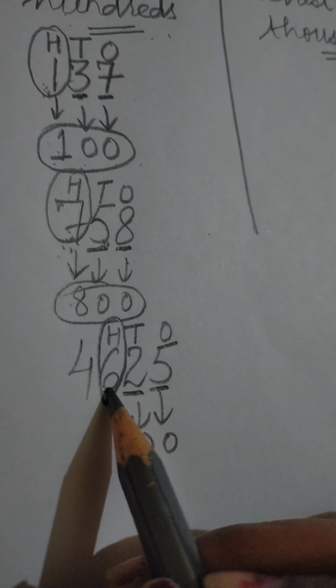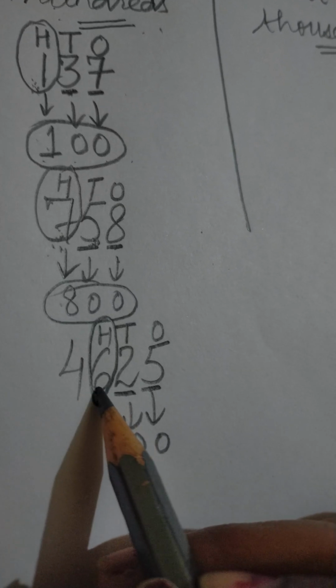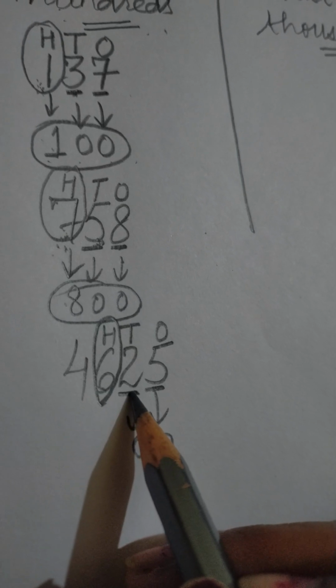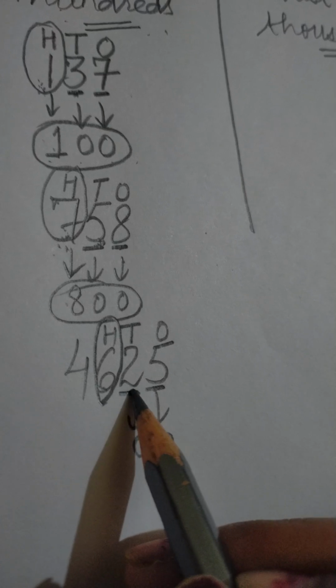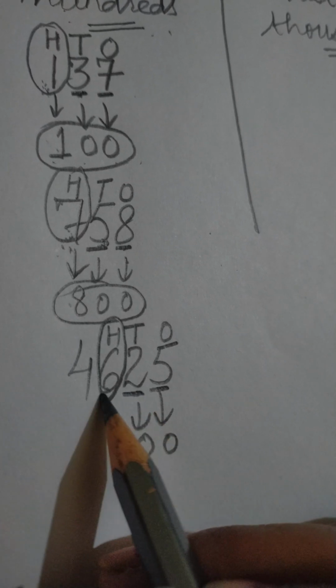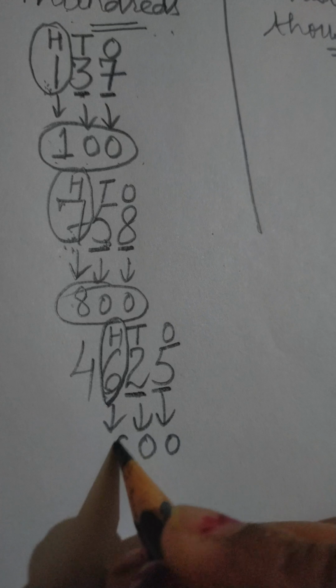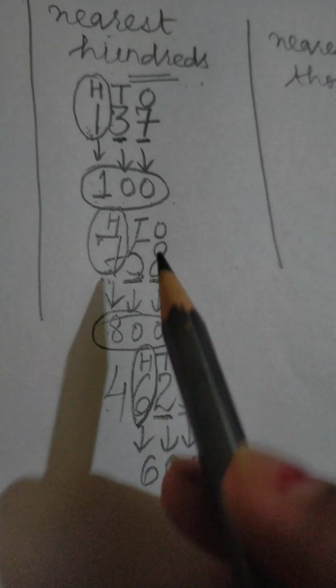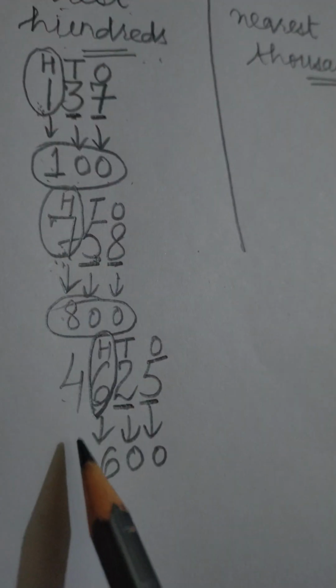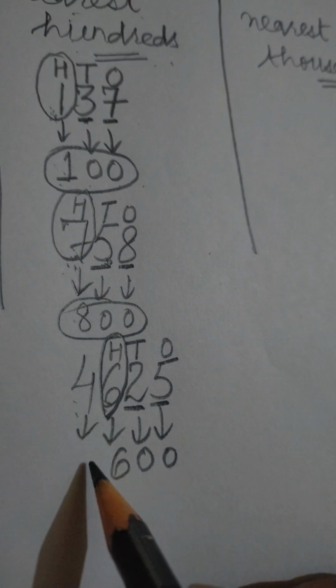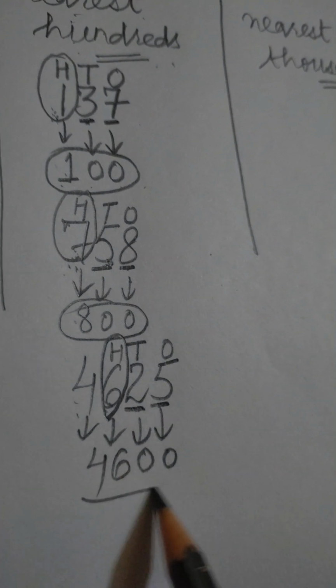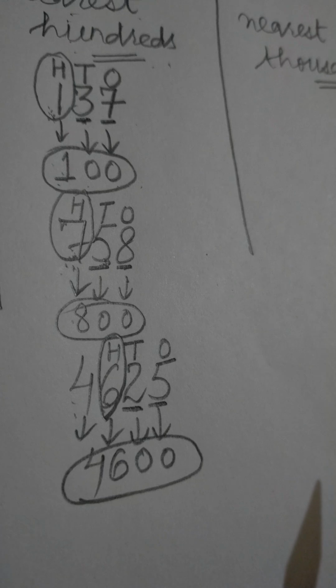For rounding this digit, we will see the tens place digit. Here the tens place digit is less than 5, so the hundreds place digit will be written as it is. Since we are doing nearest hundreds, there is no role of the thousands place, so it will be written as it is. So our answer is 4600.